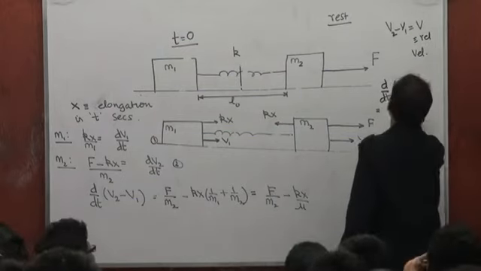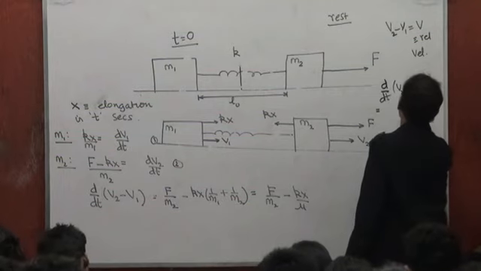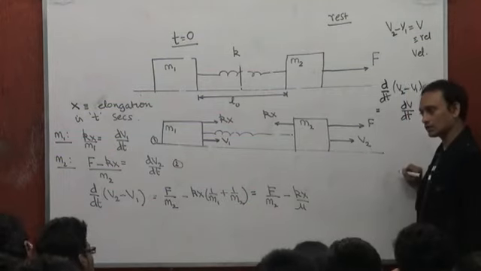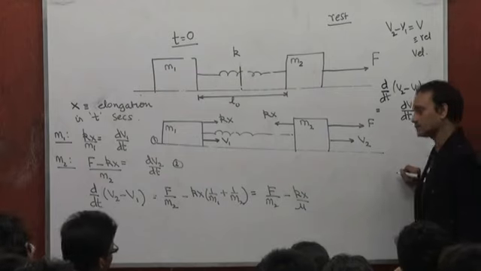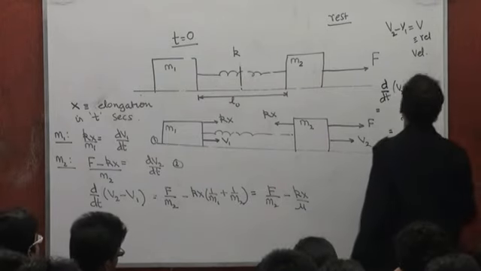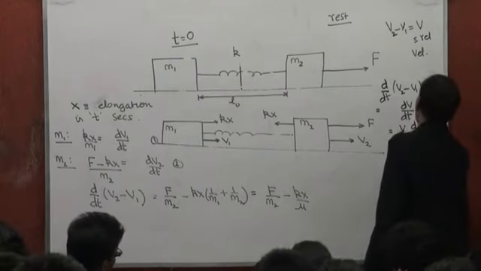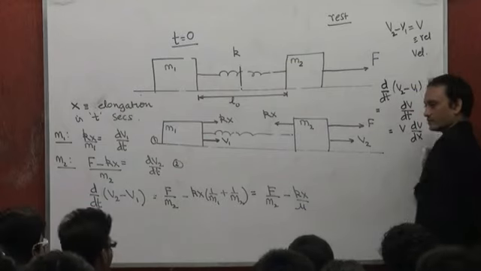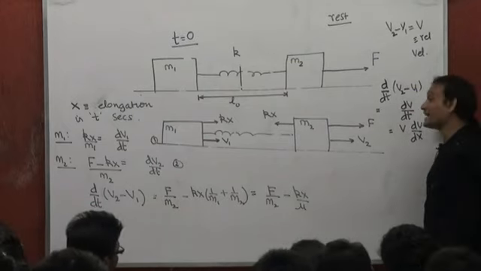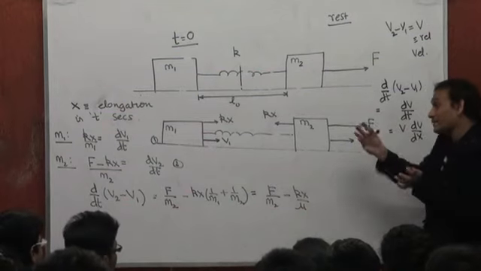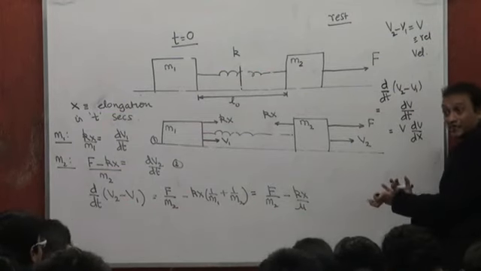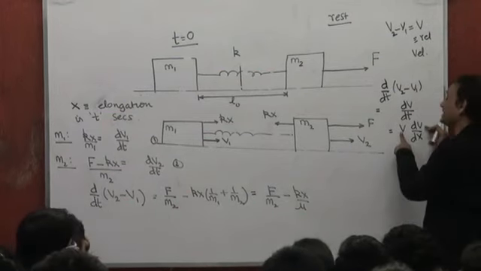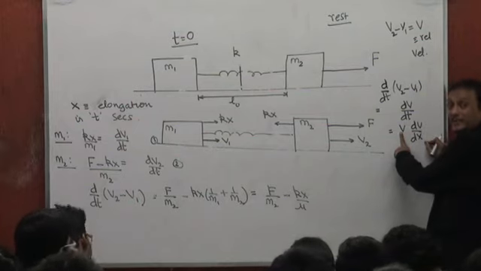So this is like dv/dt. Can I write this as v dv/dx? dv/dx into dx/dt, and dx/dt is also the relative velocity, right? So I could write this as v dv/dx.